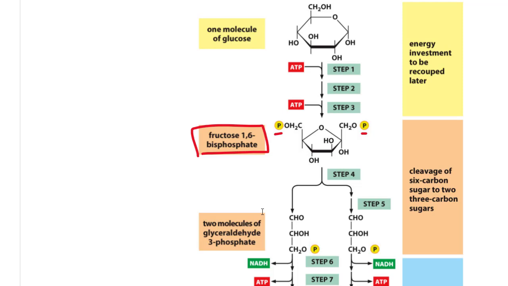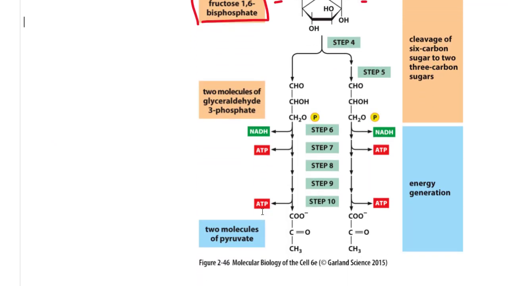If it was something like this, right, and the rest of the molecule, then this would be a diphosphate. Now, at this point, fructose 1,6-bisphosphate is broken down to 2 molecules of glyceraldehyde 3-phosphate. And glyceraldehyde 3-phosphate is typically called GAP.